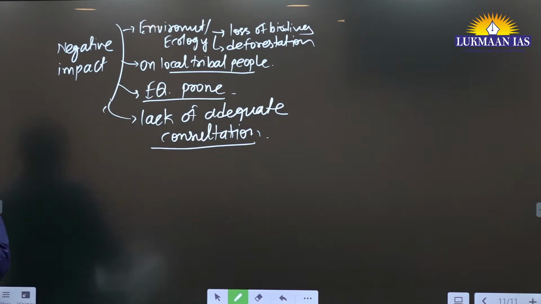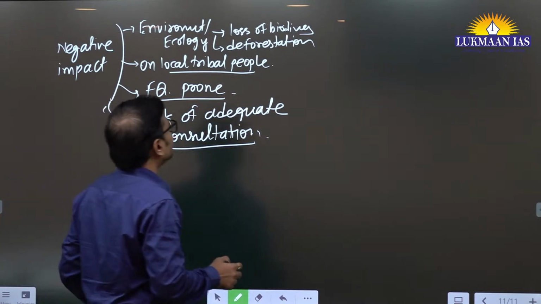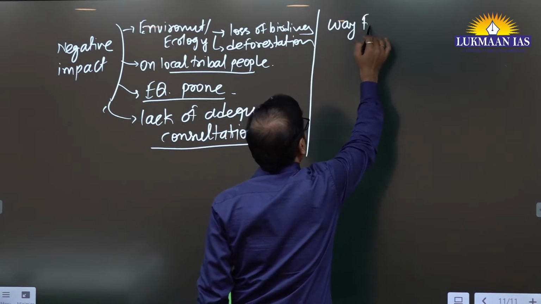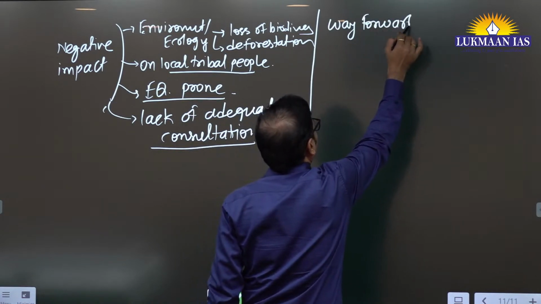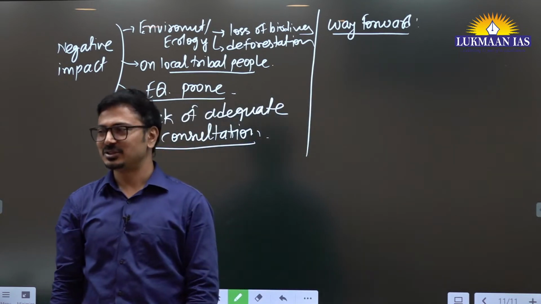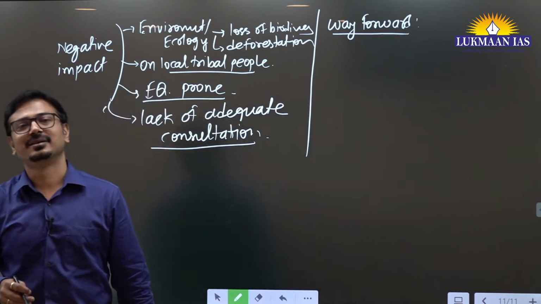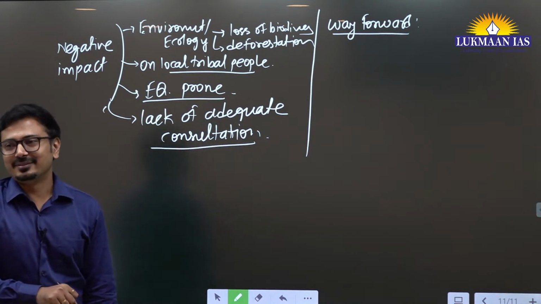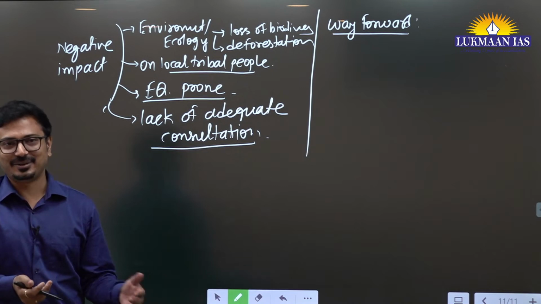Now regarding way forward, जब हम ये सारी चीजें बोलते हैं नेगेटिव इम्पैक्ट, तो immediately we should mention way forward. See, when the strategic aspect comes into the picture, national security is prioritized. We cannot negate it. यहाँ पे आता है स्टैंड लेने की बात.